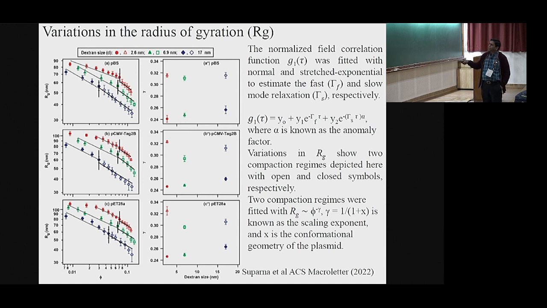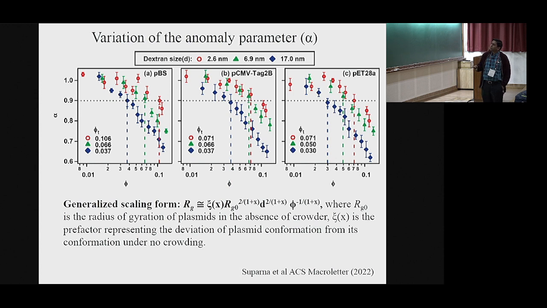Here we are plotting gamma versus phi for different dextran sizes. Rg scales as phi raised to minus gamma, and gamma is 1 by 1 plus x. Similarly, this alpha is what I told you about in the diffusion slides: if alpha is equal to 1, you have normal diffusion, and if it is less than 1, it comes under subdiffusion.